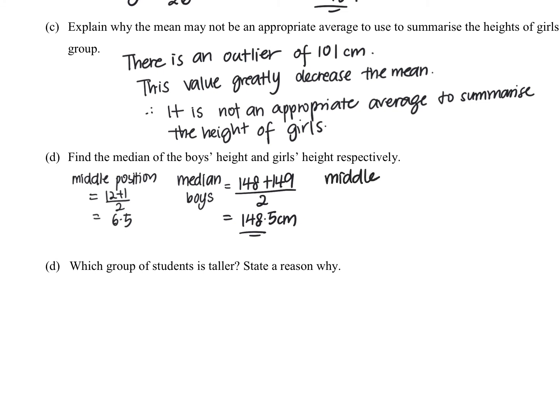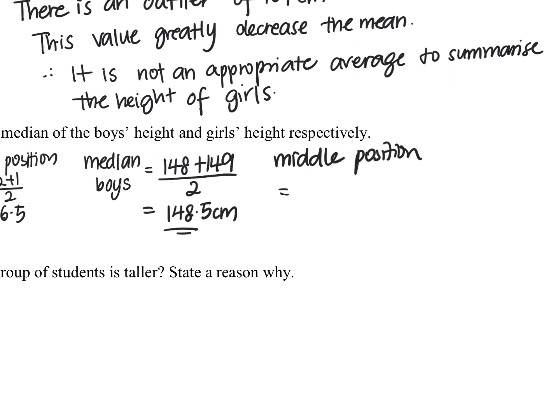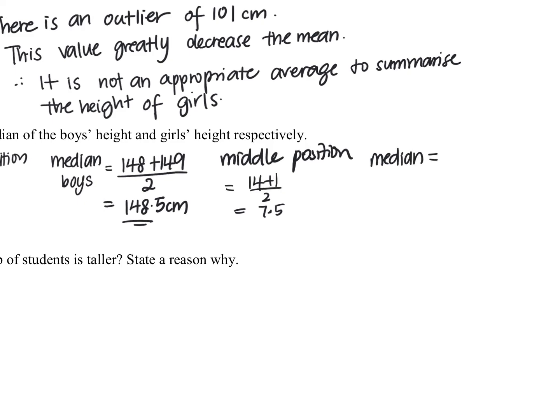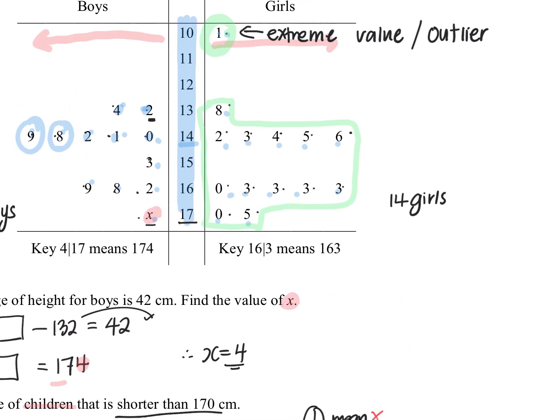The middle position. There are a total of 14 girls over here. So 14 plus 1 divided by 2 gives you 7.5. Okay, so you take the 7.5 position. So the median will be taking the 7th number. 1, 2, 3, 4, 5, 6, 7.